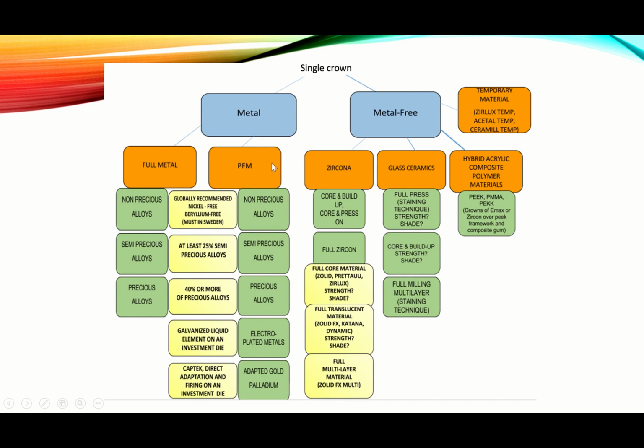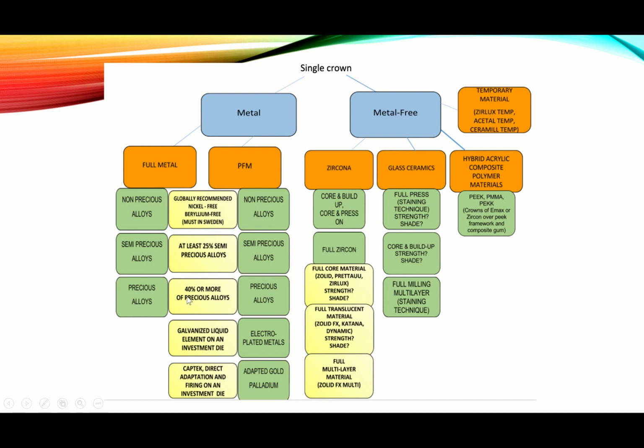The same alloy you can use for both if it's a porcelain alloy, because to apply porcelain you have to have the right coefficient of thermal expansion. Anyways, these can be used both. In other words, monolithic or layered is a technique, a way of approach.